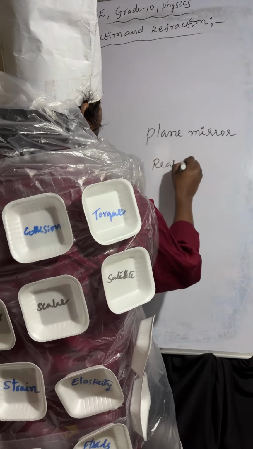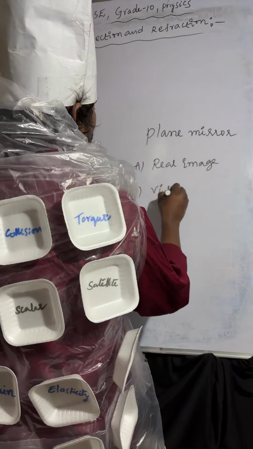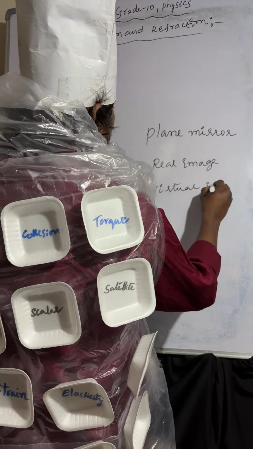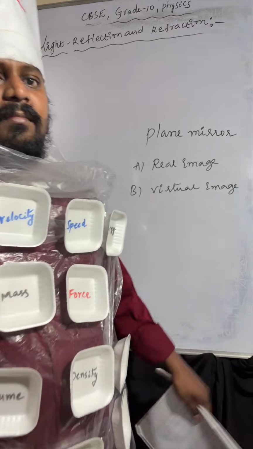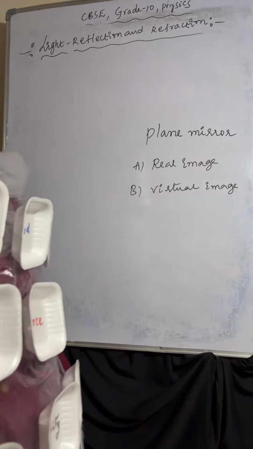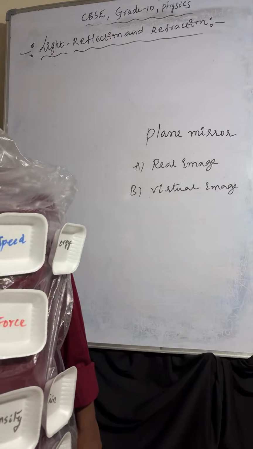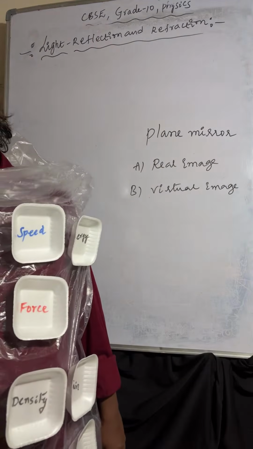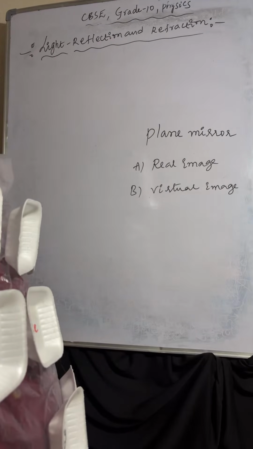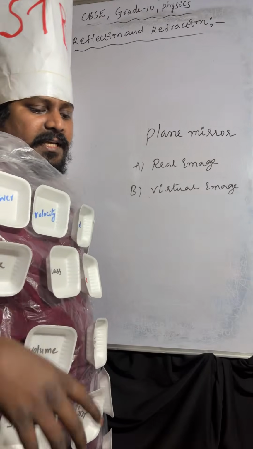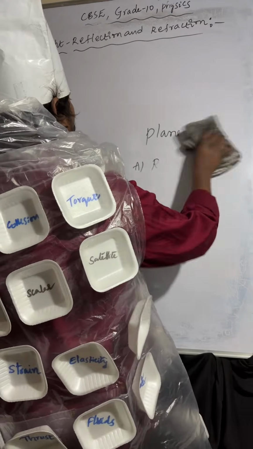Option B, virtual image. Actually, it is virtual, erect, and the same size. It depends on whether you are taking a point object.